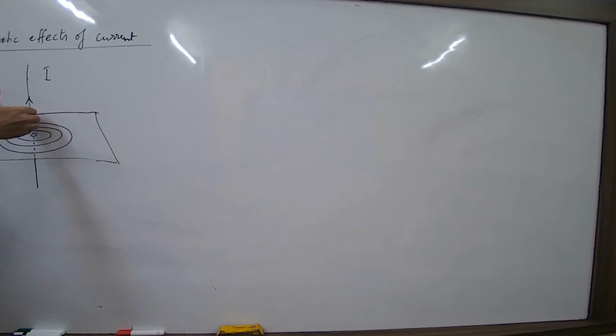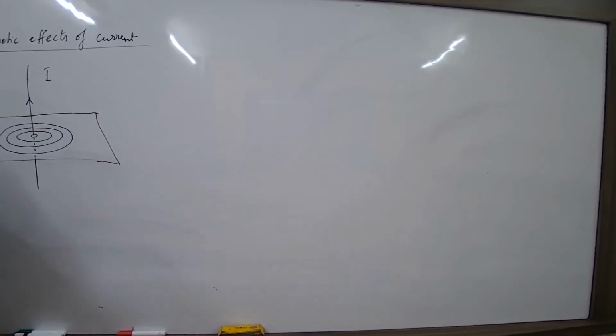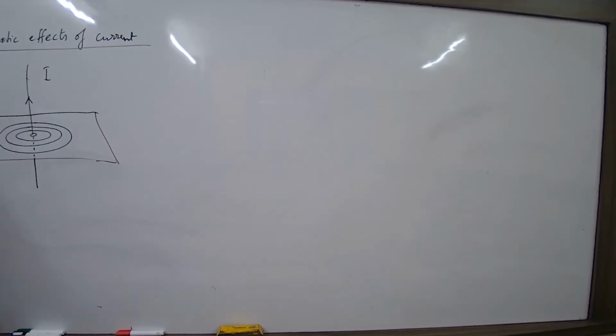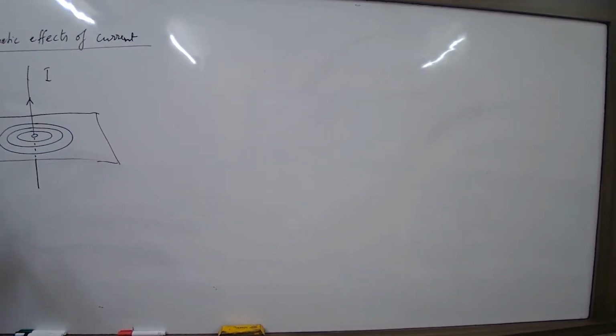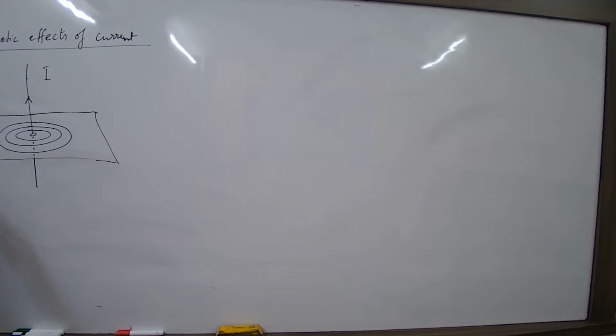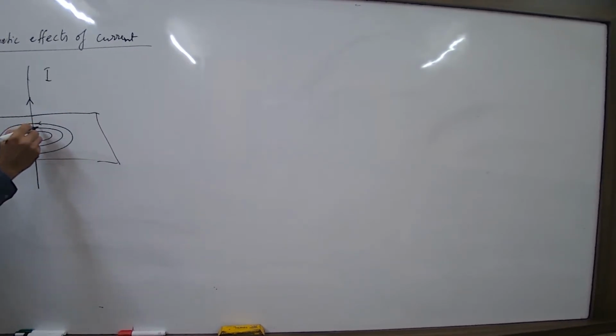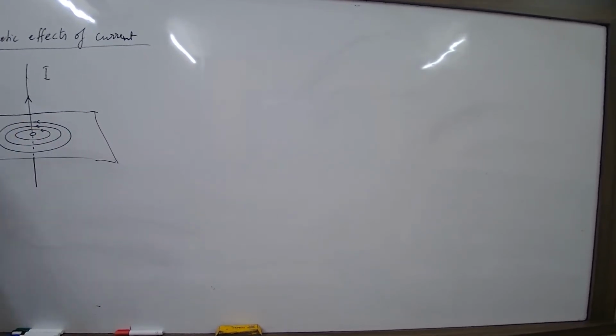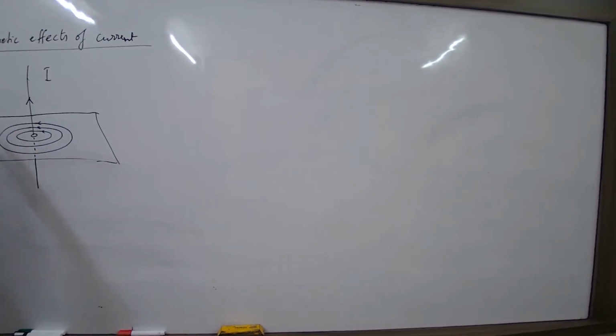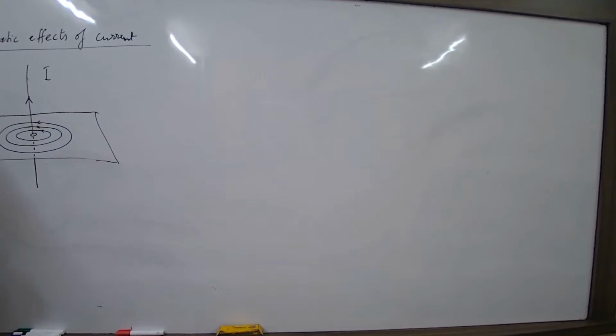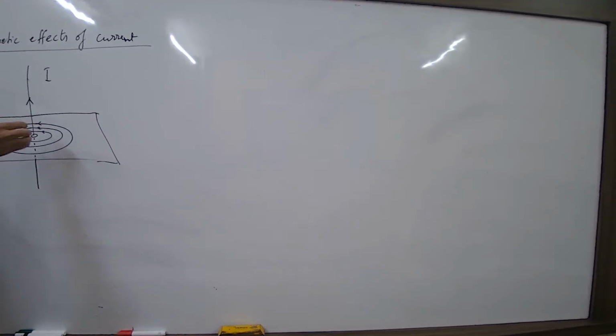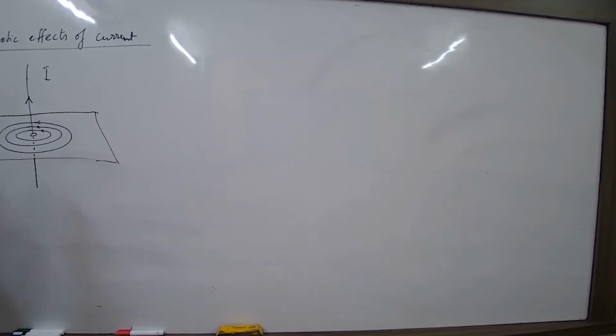If you hold the wire in the middle and curl the fingers around it, that is the direction of the magnetic field. The arrow will be in this direction. Clockwise or anti-clockwise? Anti-clockwise, right, when the current is moving up.